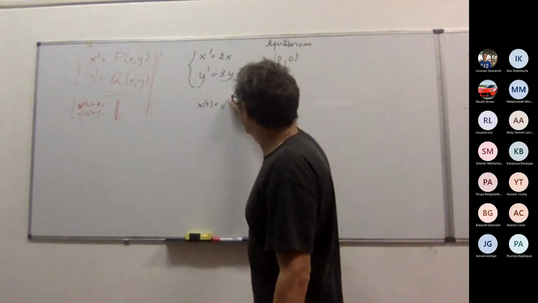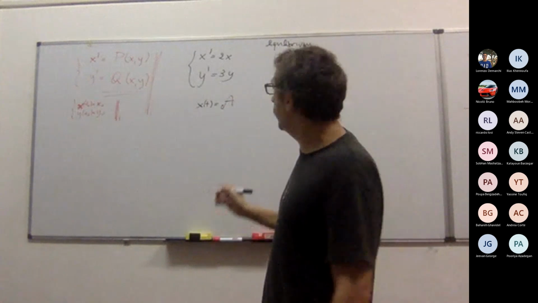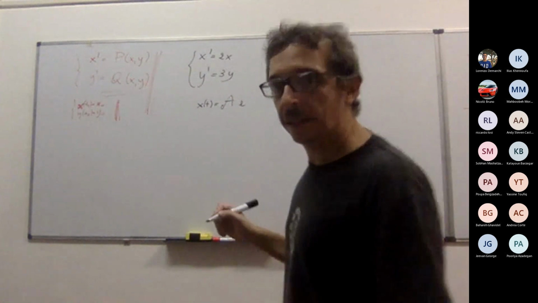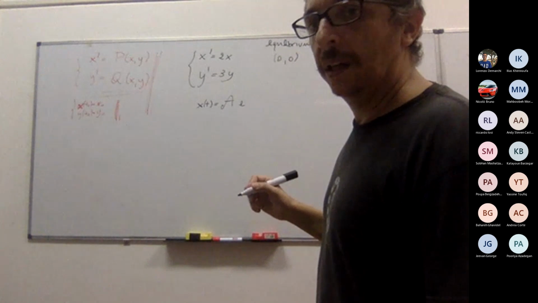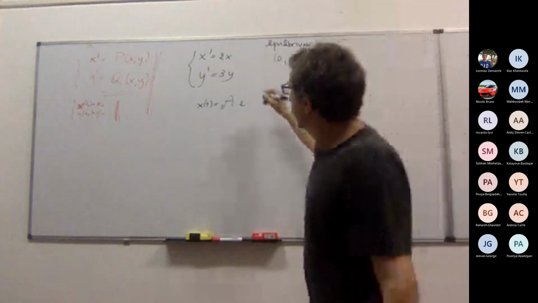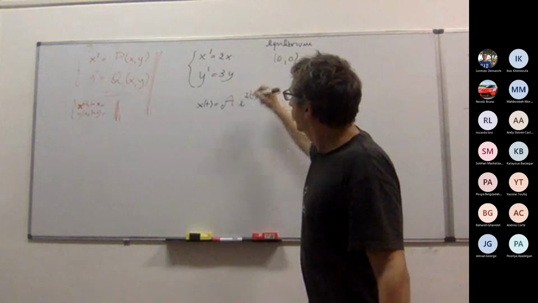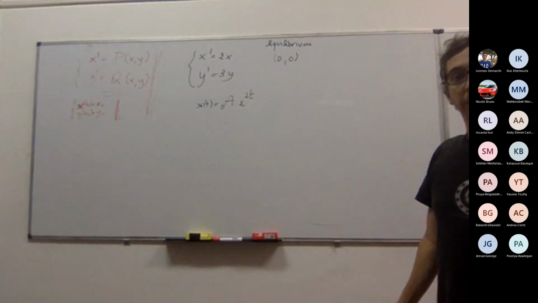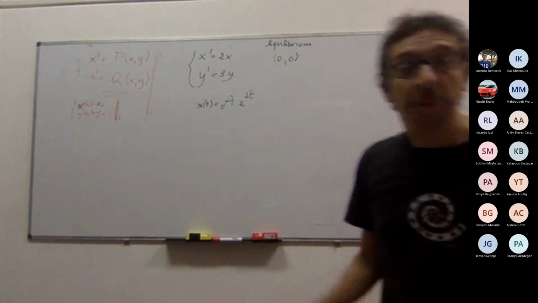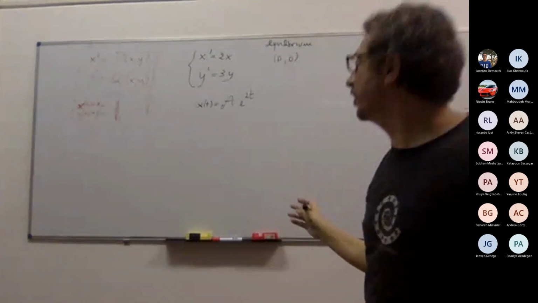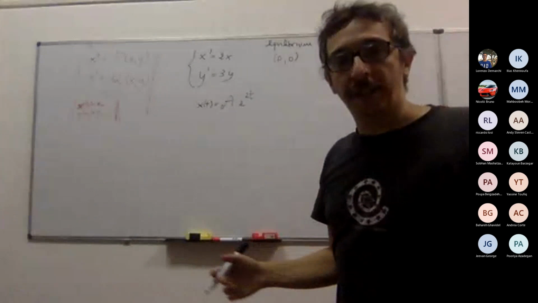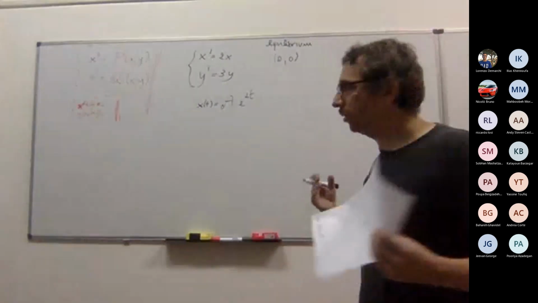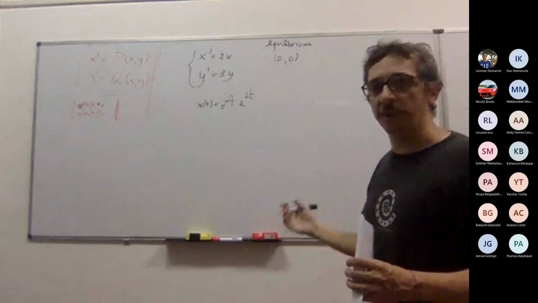So this thing here is some constant a times the exponential of 2t. Okay, so in principle you can solve this also in terms of hyperbolic sine and cosine, but probably you didn't see in this way the solution of this equation.